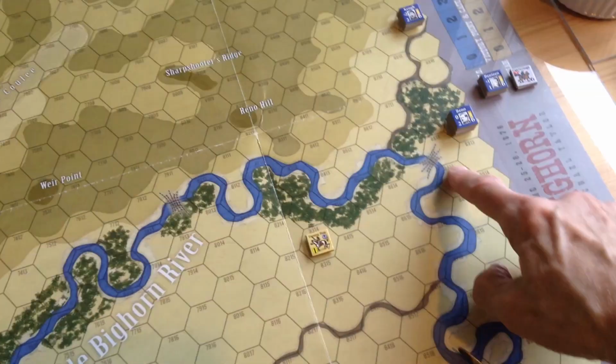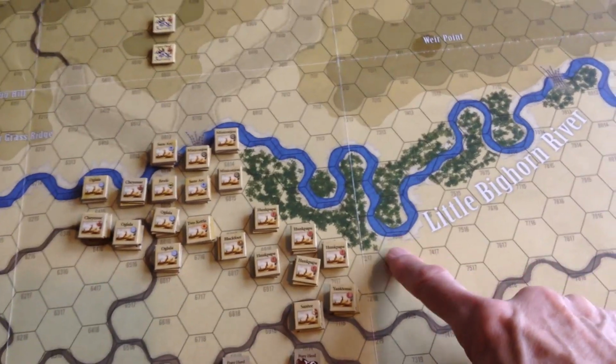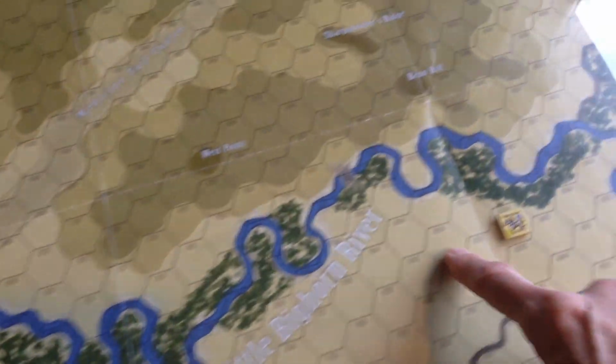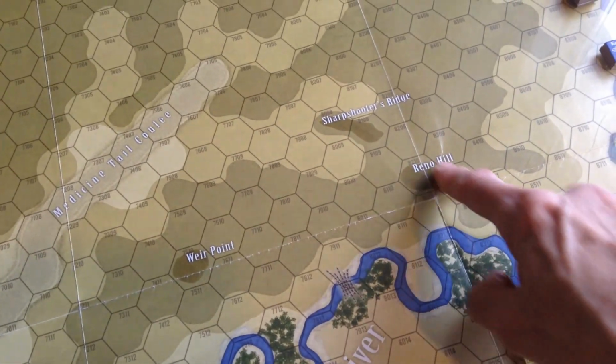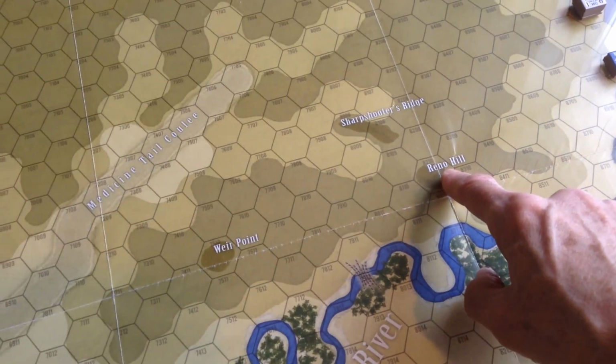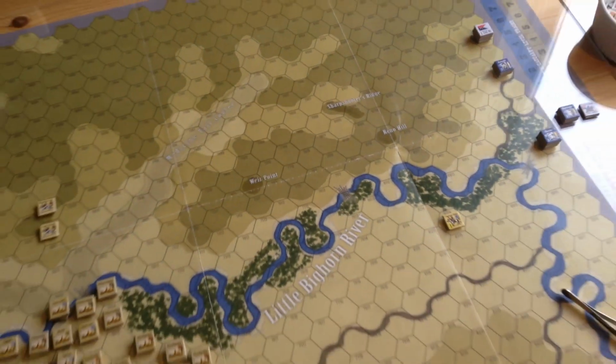Reno came across the ford here and charged the Indian village here, and was driven back to the heights and across the river, and was besieged for a day or so at Reno Hill. That's historically how the campaign went. Of course, in your game, it doesn't have to go that way.